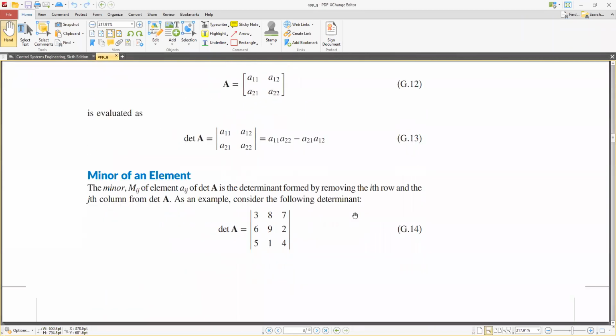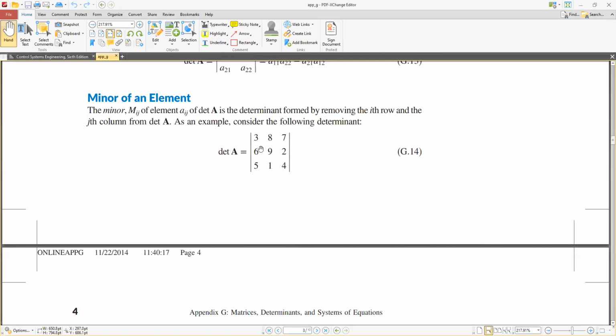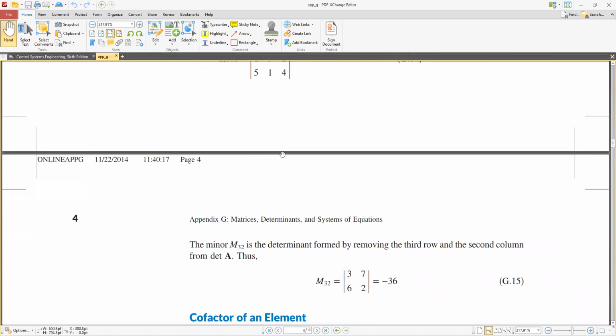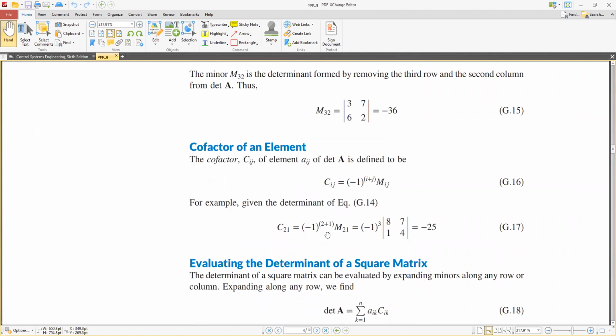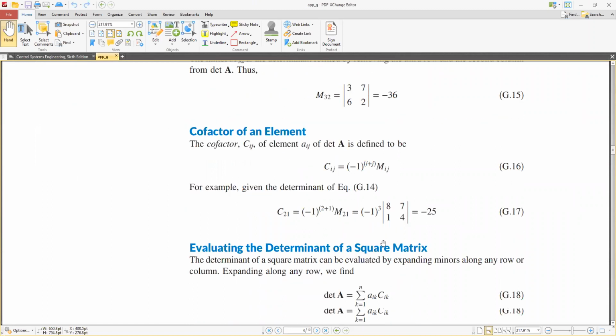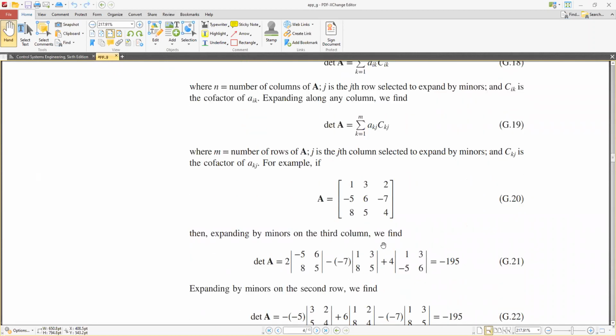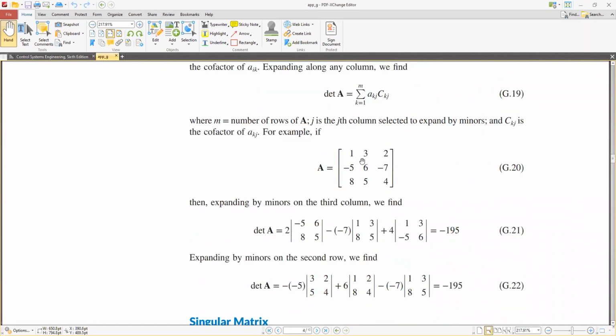If you want this kind of determinant, then you have to check cofactor. You have to apply this kind of formula. So that is the way to find this determinant using the cofactor also. So apply this and check. If you apply any one, then the result will be the same.